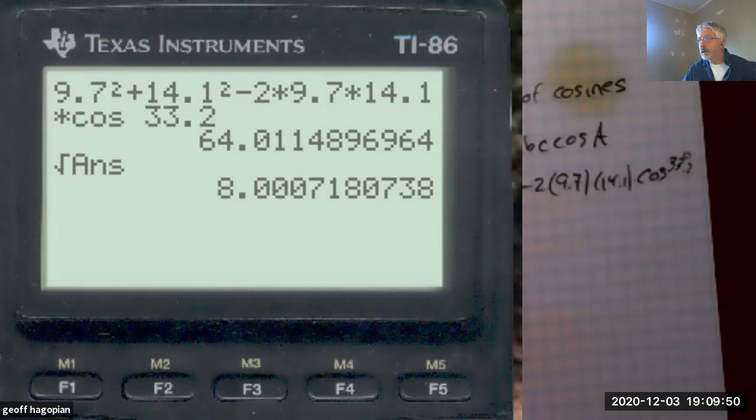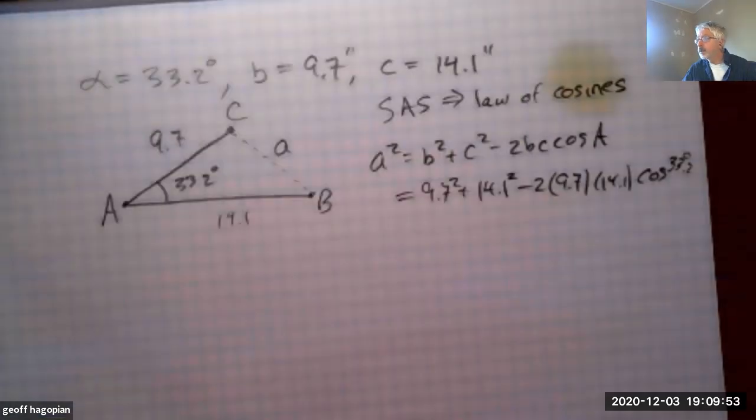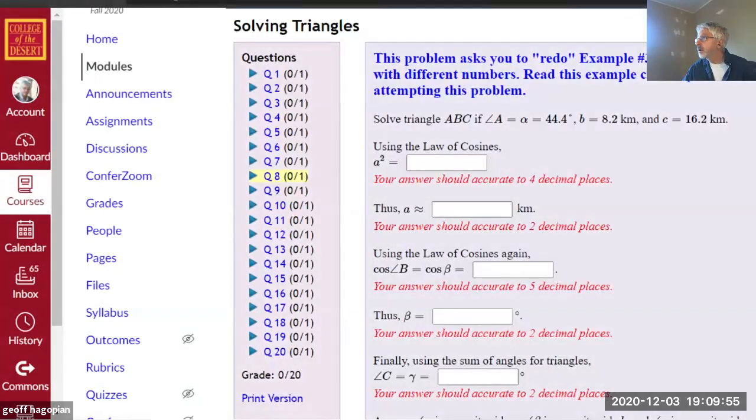Oh, we're looking at the calculator. So let me take the calculator out of production. Say this is 64.0115 to the nearest 10,000th, right? This A, and this, we could just go 8.00. Using the law of cosines again, okay, so cosine of B, huh? Well, this is kind of where your question is.